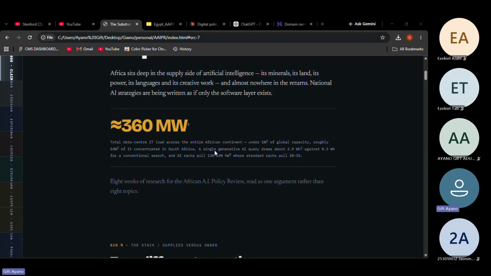Let me continue. The total data centers across the African continent consume about 360 megawatts, which is under 1% of global capacity. The majority of these data centers are for IT, meaning people running cloud servers, not necessarily for AI.